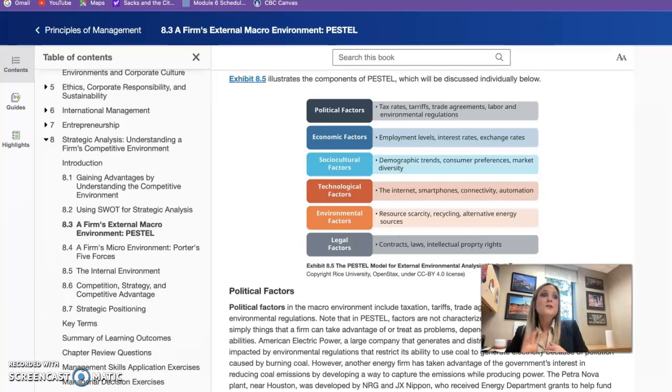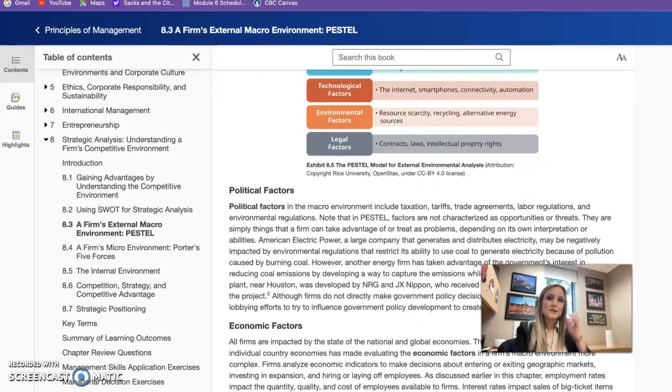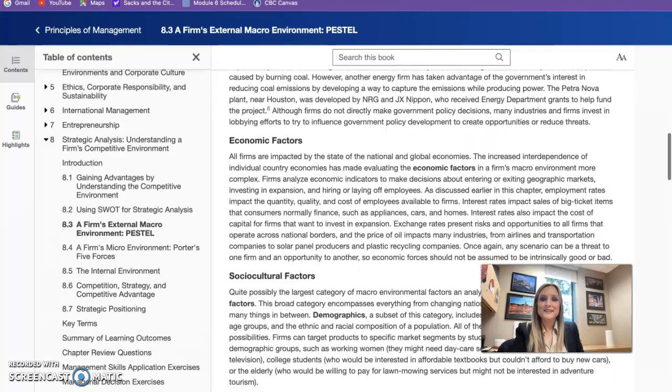Exchange rates, all right, your sociocultural factors, your demographic trends, consumer preferences, market diversity, your technological factors, your internet, your smartphones, connectivity, etc., your resource scarcity, recycling, alternative energy sources. So think solar and things like that you've heard about, and then your legal factors, so your contract laws, things like that. So that all kind of factors into the PESTLE analysis, if you will. Okay.